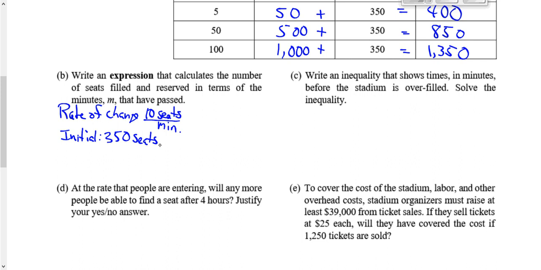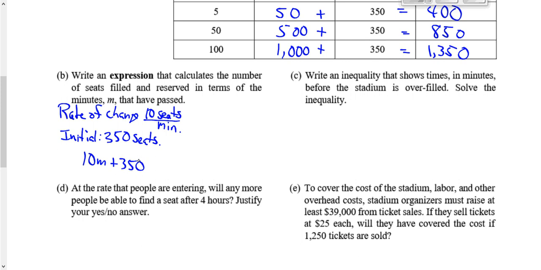Well, not just 10. 10 times what? It's changing, it's 10 seats every minute, 10 times the number of minutes, right? So it fills at a rate of 10 seats for every minute that goes by, plus the 350 that are already accounted for. We're not at that point yet, they're gonna split it up like they do, okay?